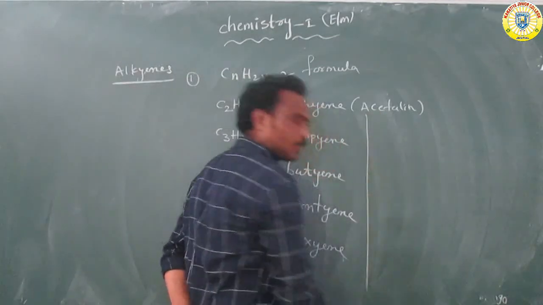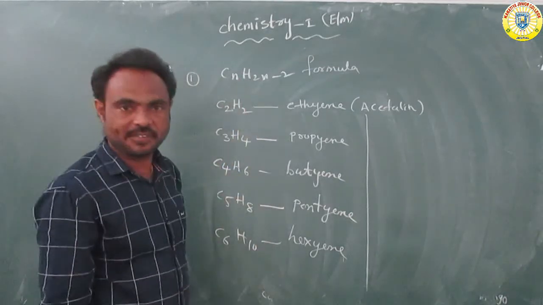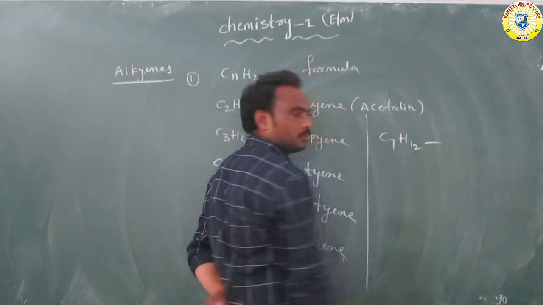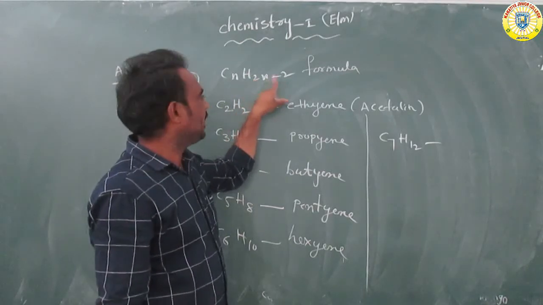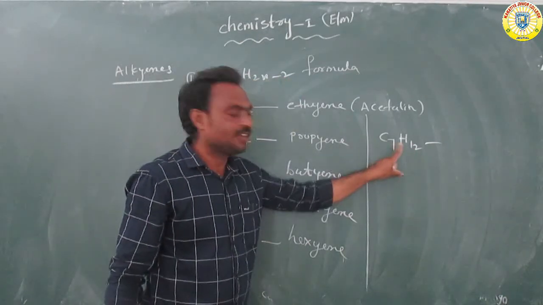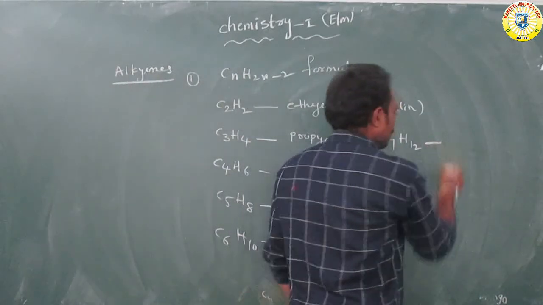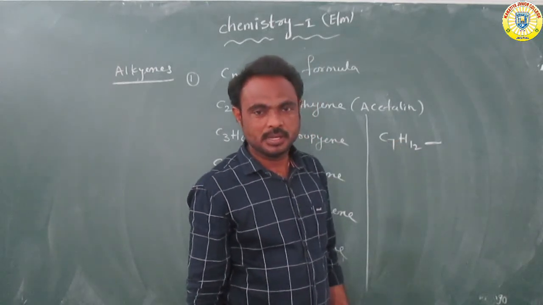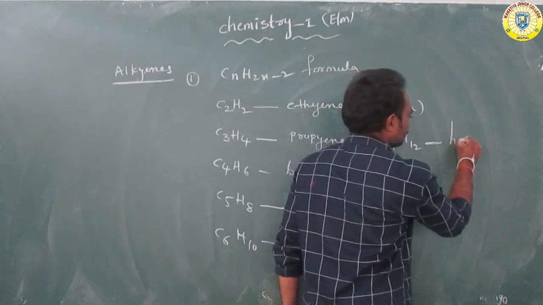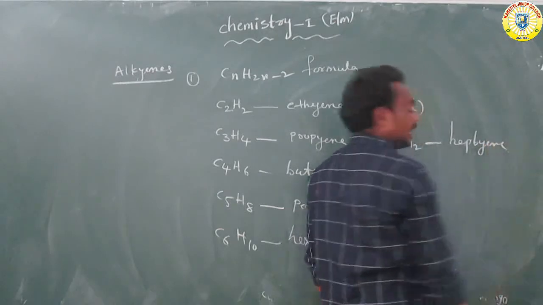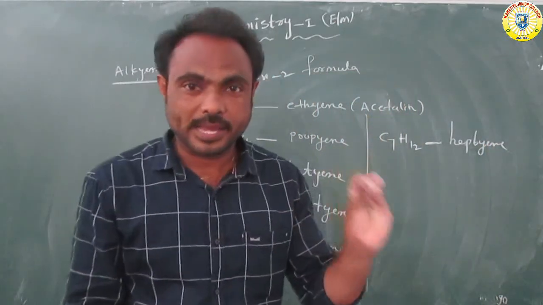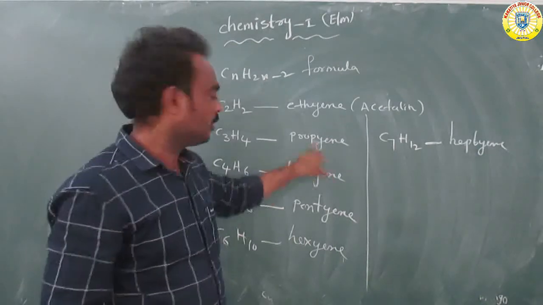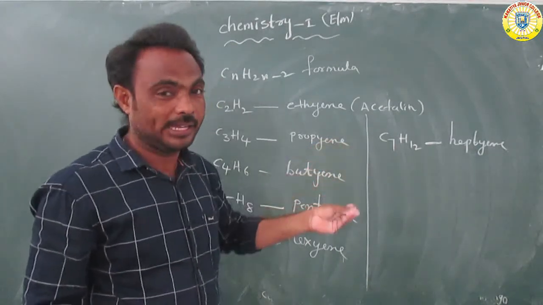Or suppose we substitute n equal to 7. So C7, H12: 2 times 7 is 14, minus 2 is 12. C7H12. Here 7 carbons is called hepta, so heptyne. Overall, alkynes: ethyne, propyne, butyne.